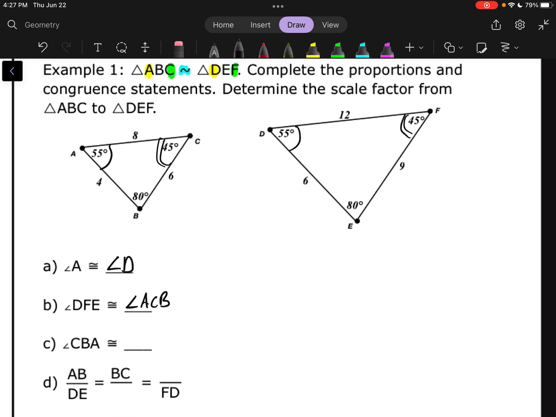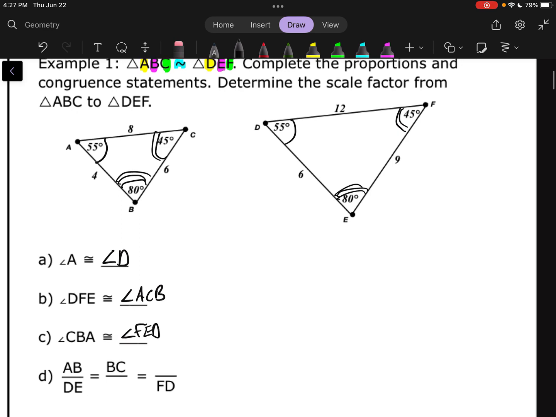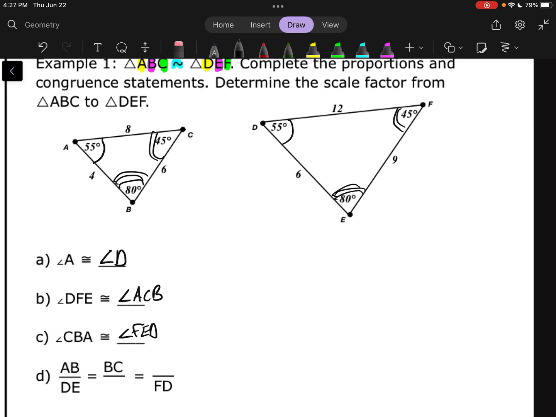And then CBA, middle letter B, should be the same as middle letter E. So angle B and angle E are congruent. And if I use the three letters there, CBA would be congruent to angle FED.